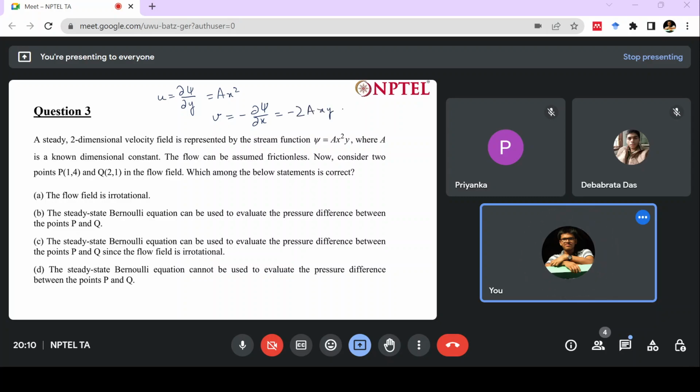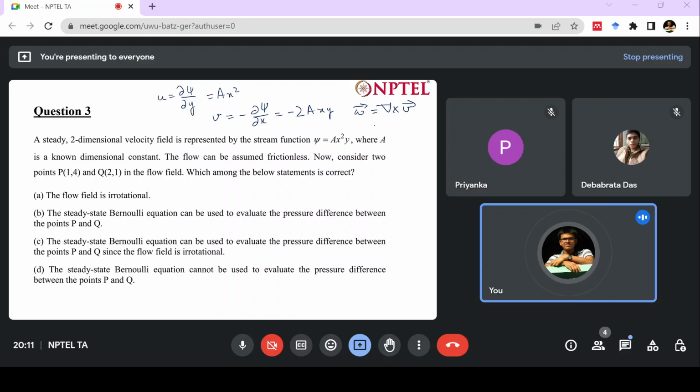That's fine. Now we have to find out whether the flow is irrotational. What do we mean by irrotational? If my vorticity is zero, then it is irrotational. How is the vorticity defined? Vorticity is defined as grad cross v.